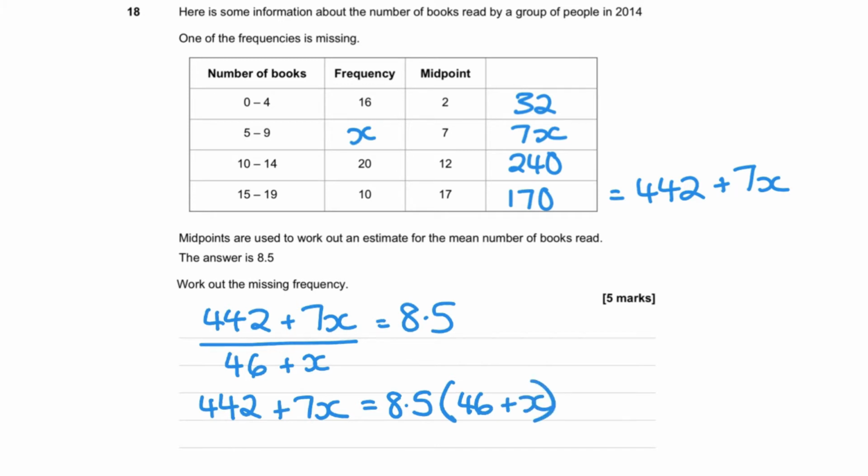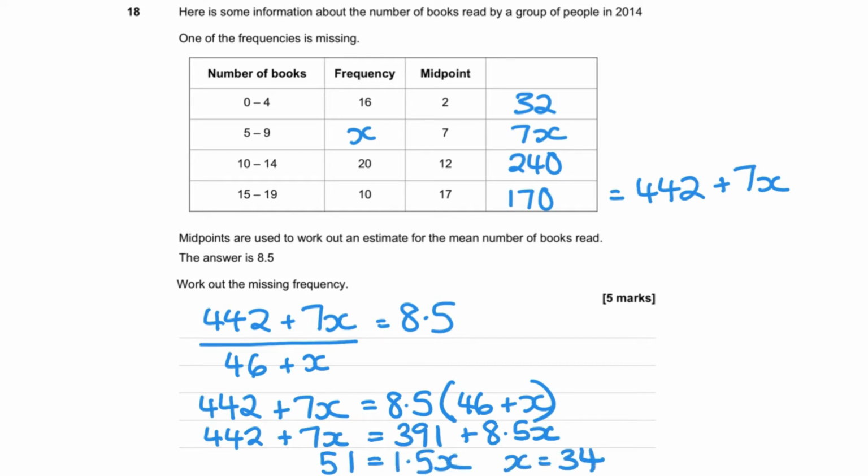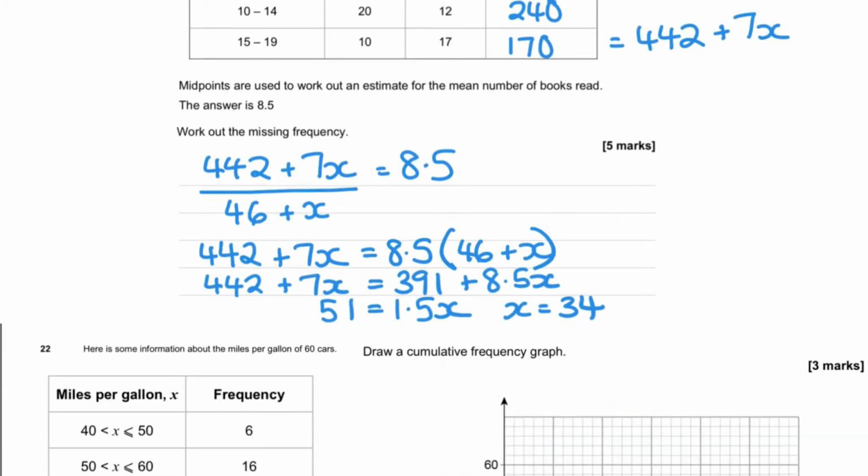If we expand that out, we've got 442 plus 7x is equal to 391 plus 8.5x. If we minus 391 from both sides and minus 7x from both sides, we're left with 51 is equal to 1.5x. So x is equal to 34, which is our missing frequency.